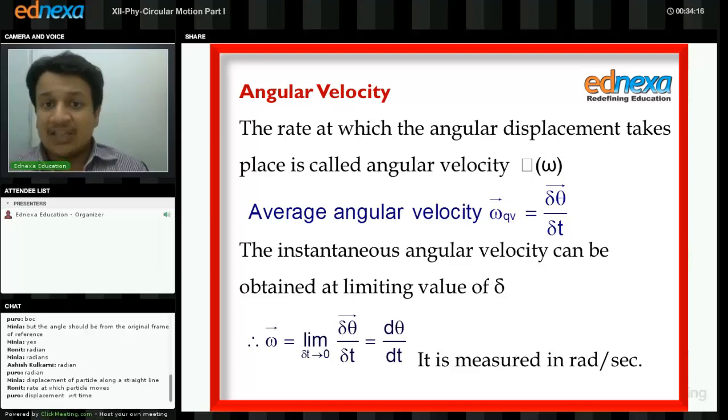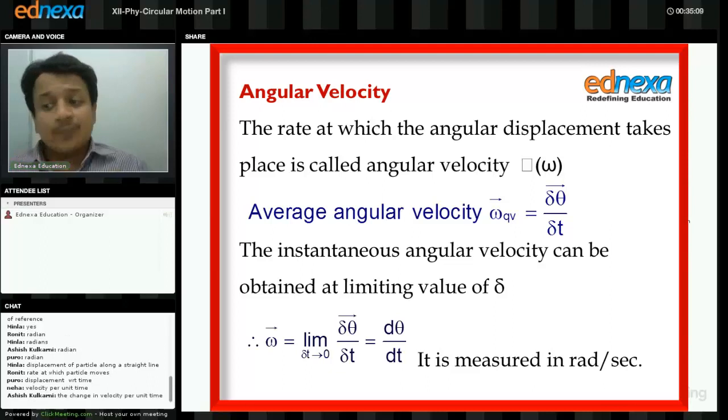The definition is the same as linear acceleration. Can you tell me the definition or formula of linear acceleration? Similarly, change in velocity per unit time is linear acceleration. Angular acceleration is the change in angular velocity with respect to time.